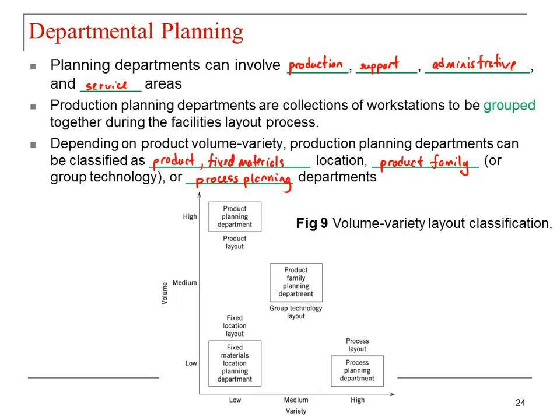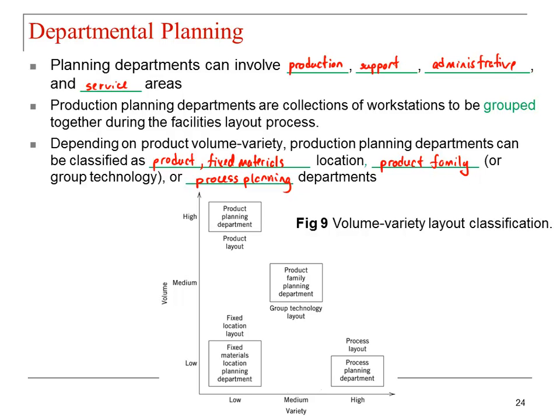If you have a high volume with a low variety, you can use a product planning department or product layout. And same thing here, if you have a high variety and a low volume, then you can use a process layout with a process planning department.